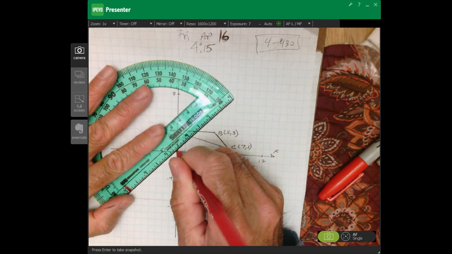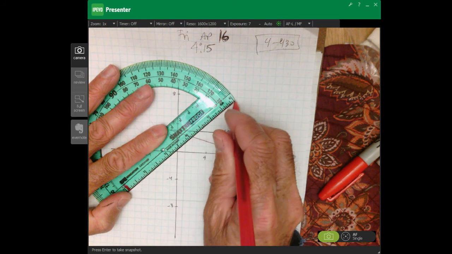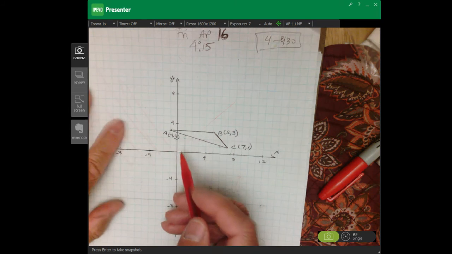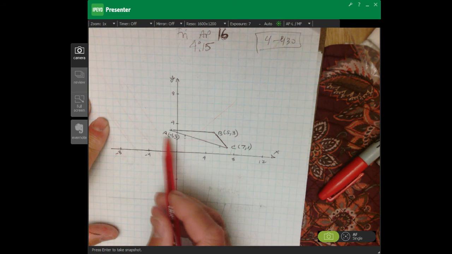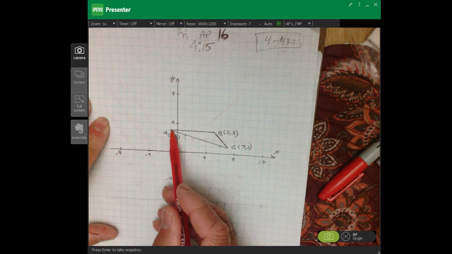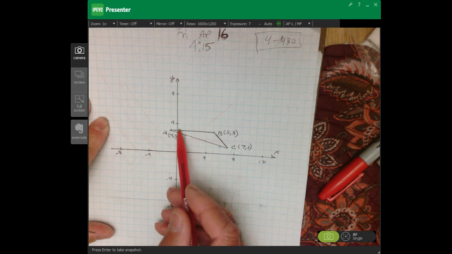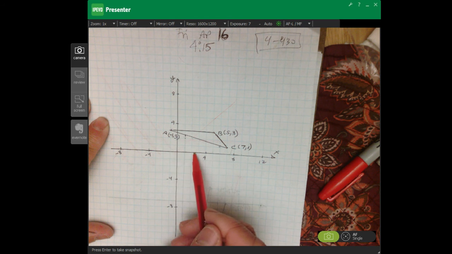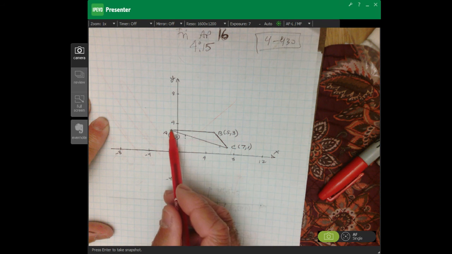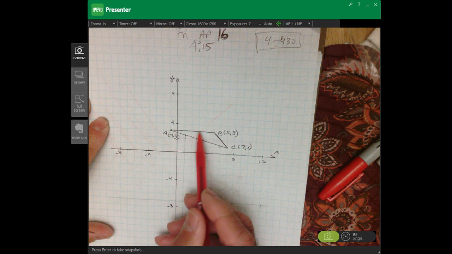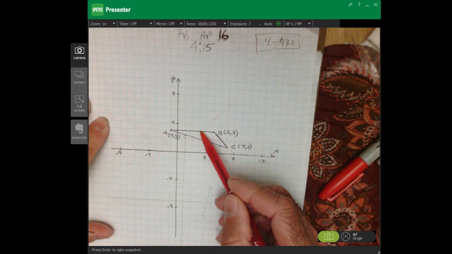If you go to the line y equals x, I'm going to draw it in real lightly. So if you go to the line y equals x, you go either straight over or straight down, and then over the same distance. So I'm going to go 1, 2, 3. Now that's on the line of reflection.